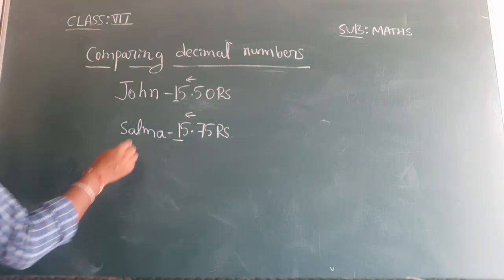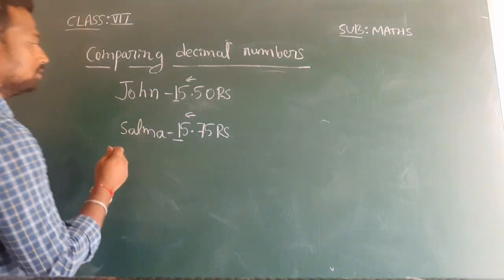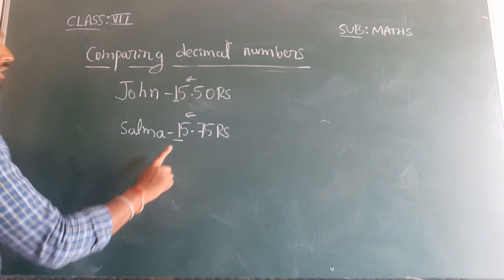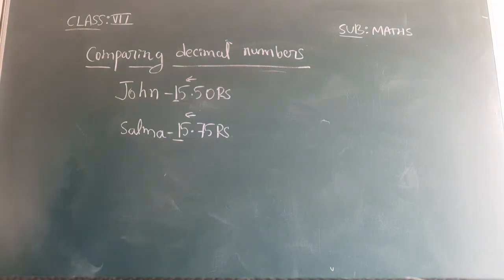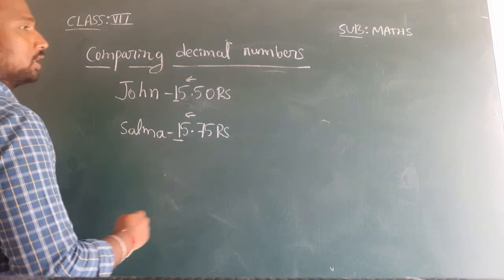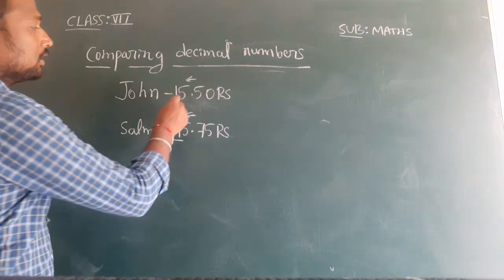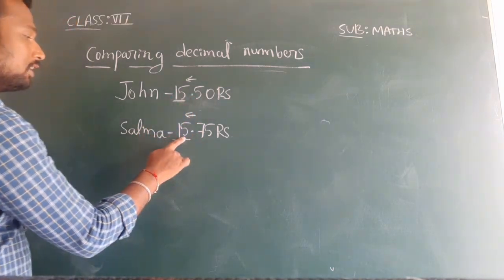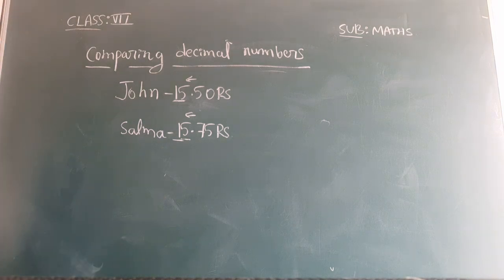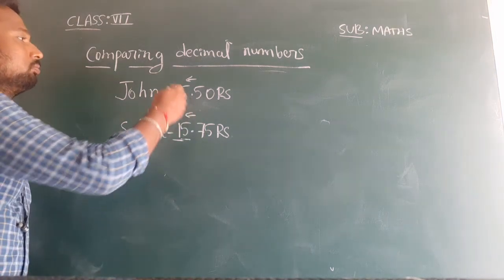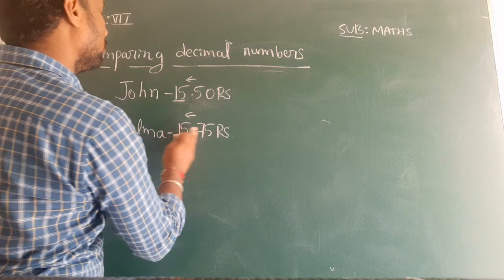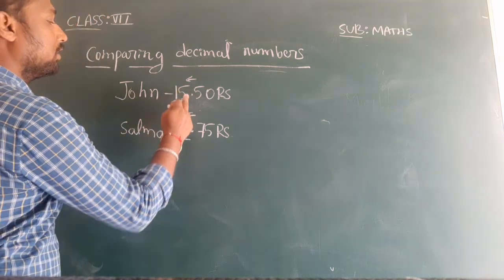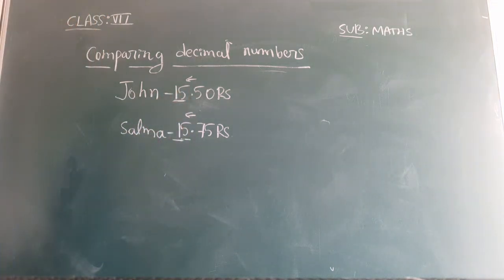So when you start comparing from the leftmost digit, the first digit is 1 in both numbers. Next we compare the next digit: here it is 5 and here also 5. So in both cases we have 15 on the left part of the decimal point.